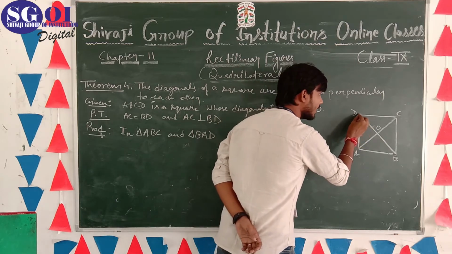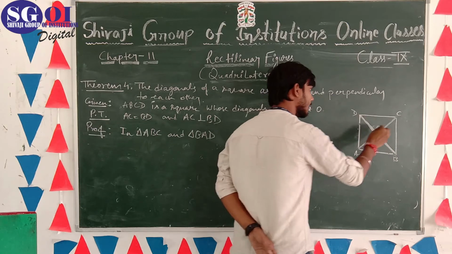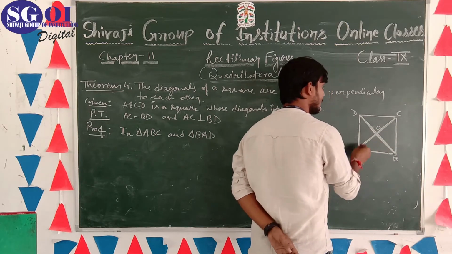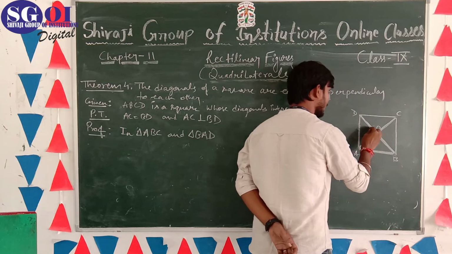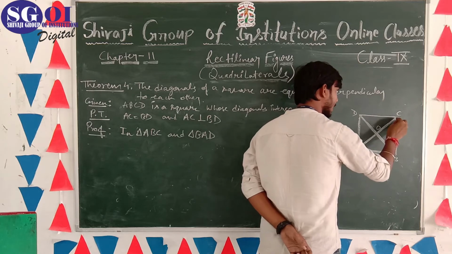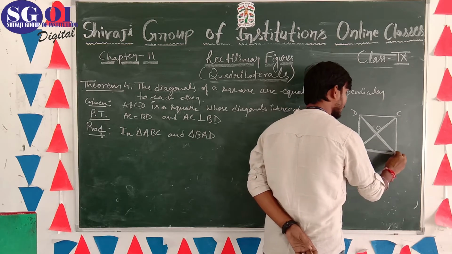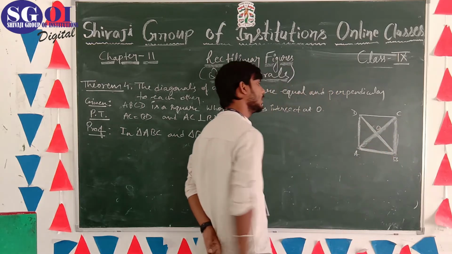Equal diagonals prove करनी है तो diagonals तो ये होगी ना, diagonal BD and diagonal AC. That's why we take these 2 triangles, triangle ABD or you can say BAD and triangle ABC. Clear?